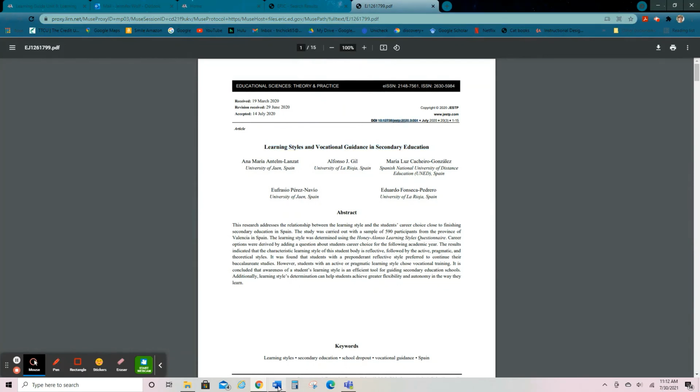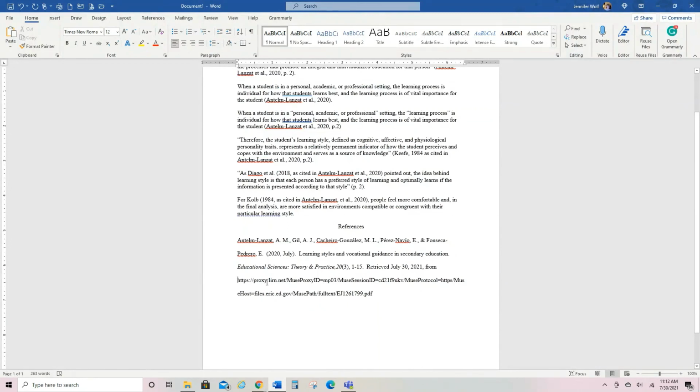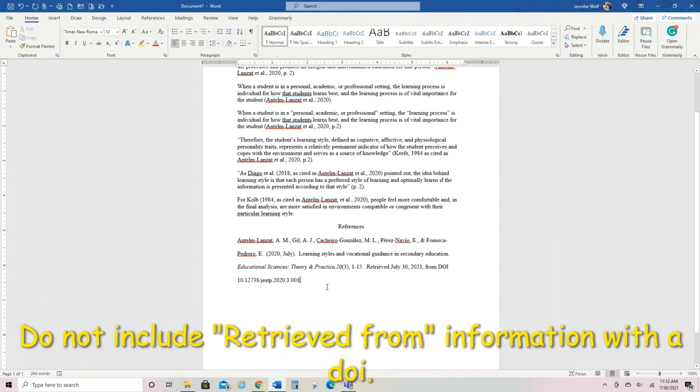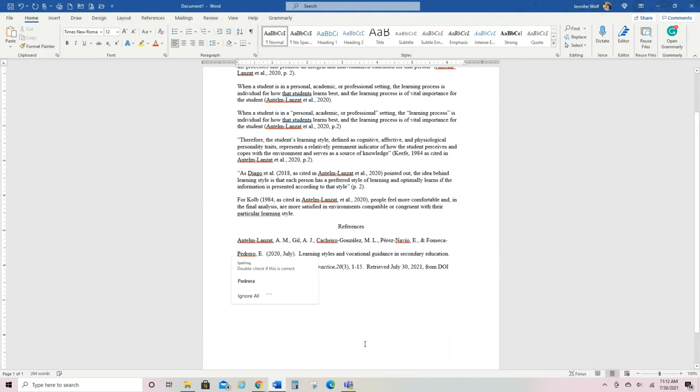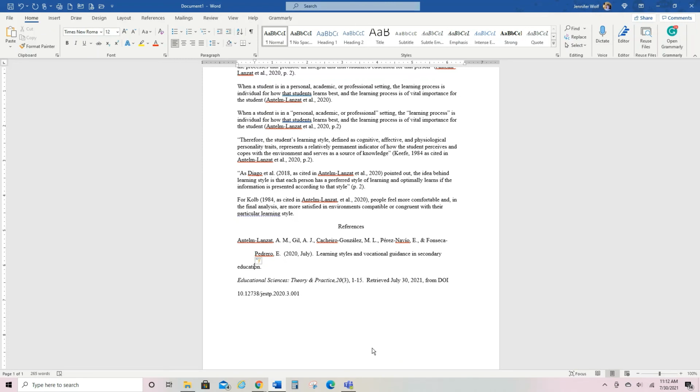So if you have a DOI, always use that instead of the URL, because the DOI is permanent and the URL can get broken. So now I need to indent all my other lines. Okay, and that's my reference.